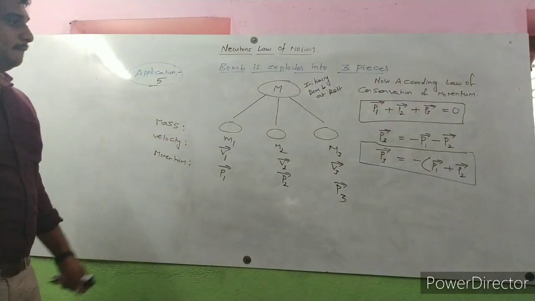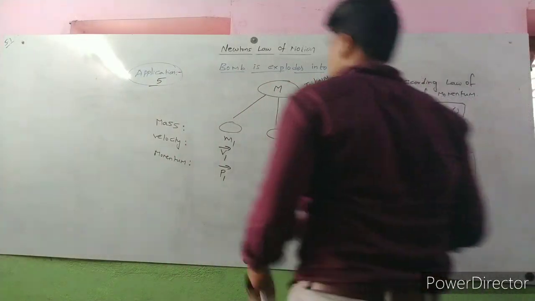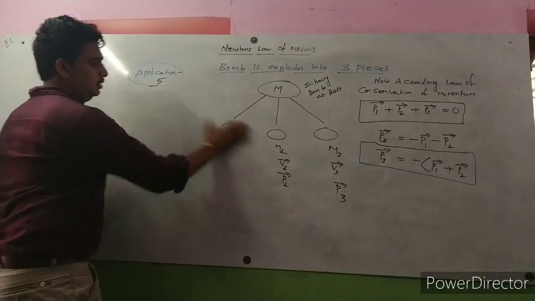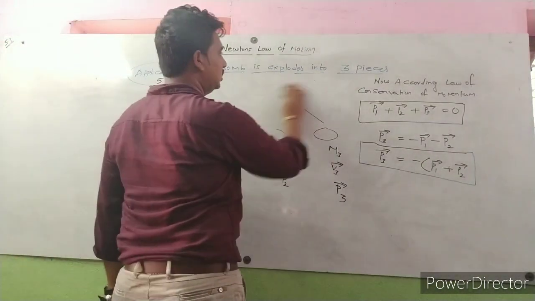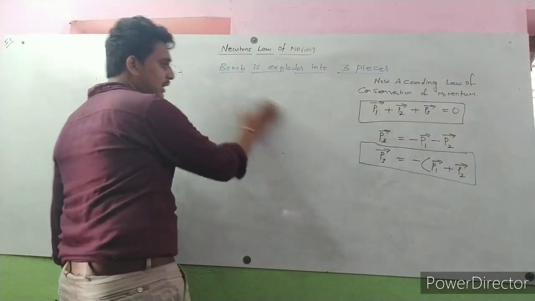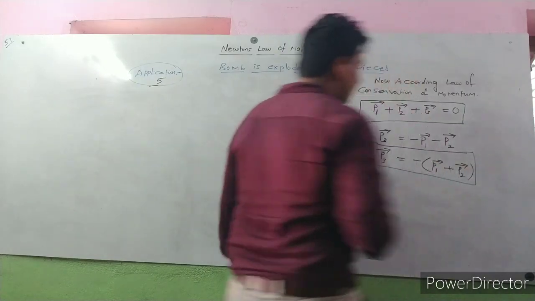Observe carefully: P3 bar is equal to minus of P1 bar plus P2 bar.